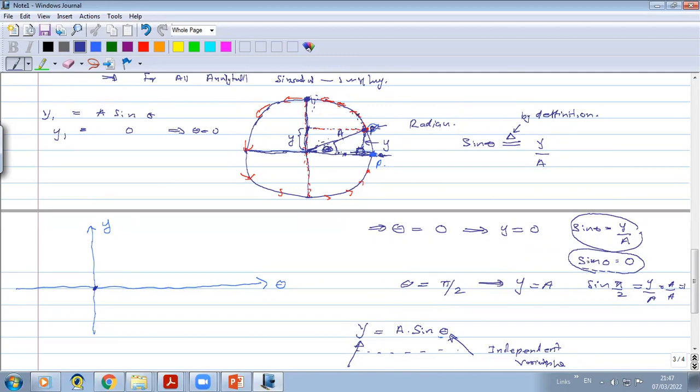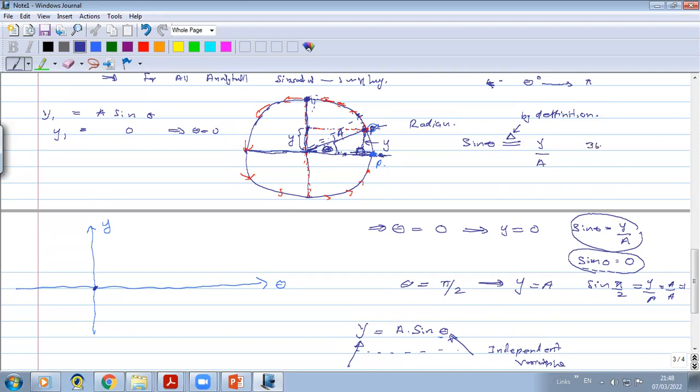P is now here, so theta has some value. Let's say it is 45 degrees or something. So the theta angle is 45. You know that an angle in degrees can be converted to radians. How can we know the relationship?